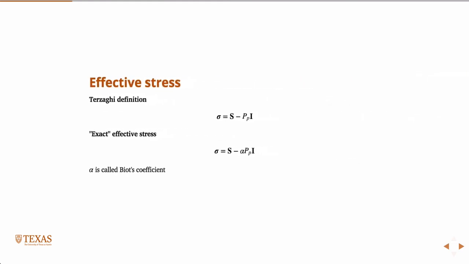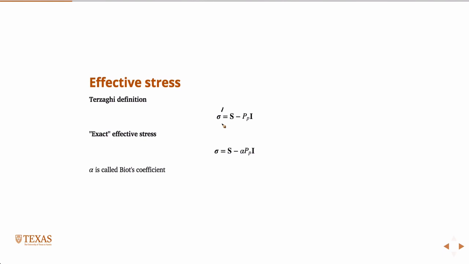And then we define this basically effective stress, and I gave two definitions. The classic Terzaghi definition, which is the one we've just been using, is basically the total stress tensor minus... I don't know if it's just not showing up, or maybe I didn't put it on there, but there should be some indication that this is an effective stress.